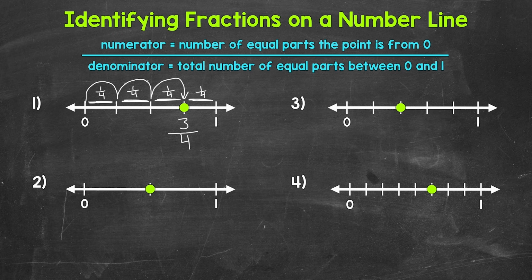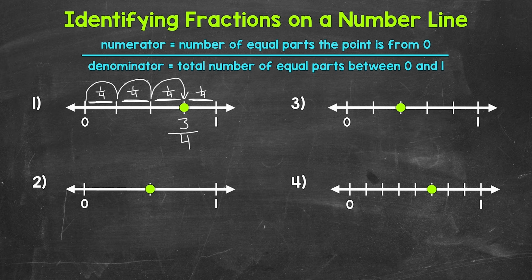So 3 is our numerator. Our fraction is 3/4. And looking at the number line, this makes sense. One whole is divided into 4 total equal parts, equal lengths. And the point is 3 out of the 4 total parts away from 0.